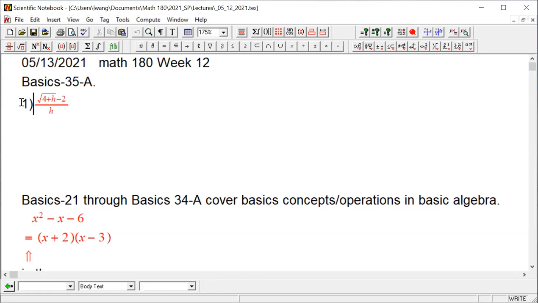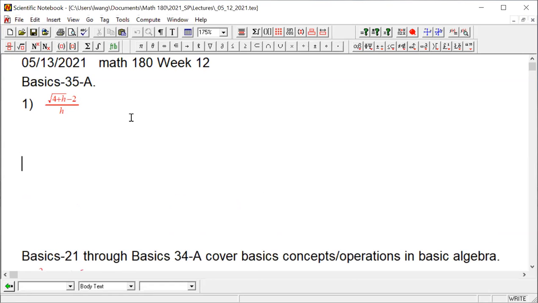That's our first one. We're doing the algebraic part of this calculus task. So we're not doing the calculus task. Your calculus professor would take you to do that.